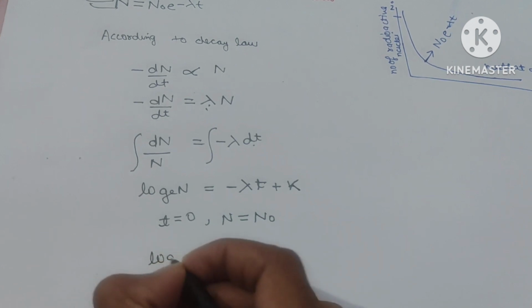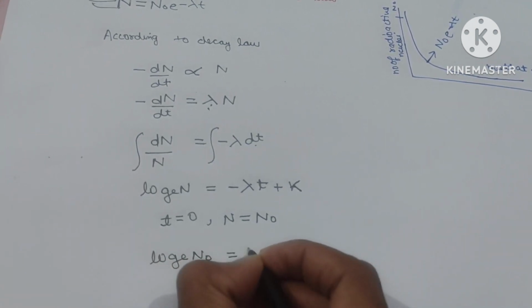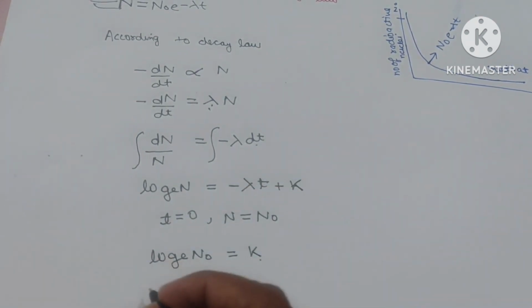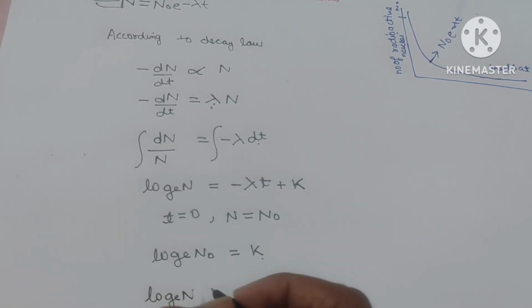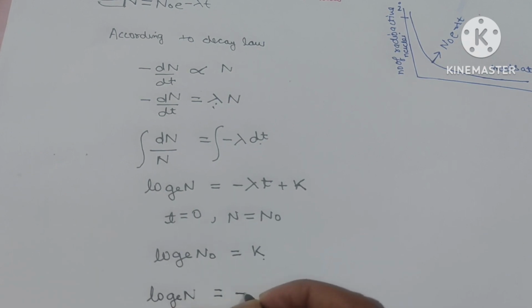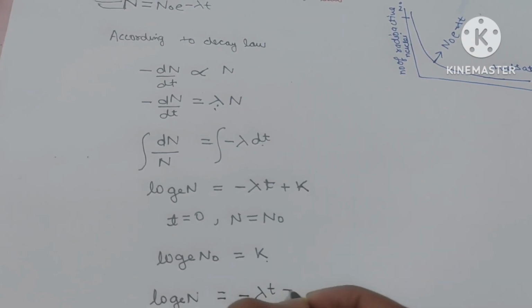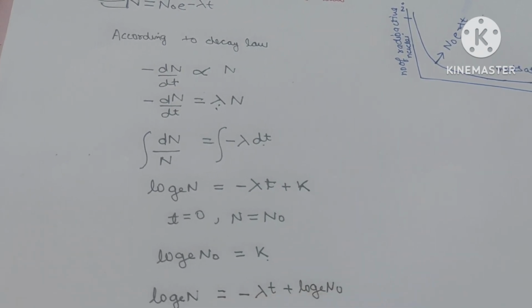So log e N naught equal to k. Now put the value of k in this. So log e N equal to minus lambda t plus log e N naught.